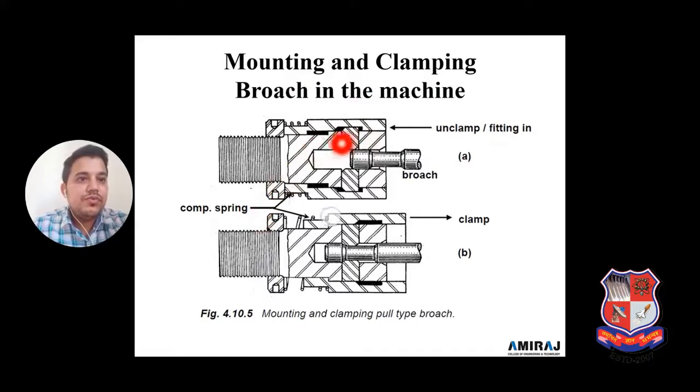Here we have a metal-type arrangement with teeth. We insert this broach tool inside it and then fit it like this. This is the unclamp and this is the clamp. You can observe here, this is the unclamp. This tooth has an upper side. When we fit it with the teeth, it fits in the particular neck. This neck portion is utilized for mounting the pull-type broach.